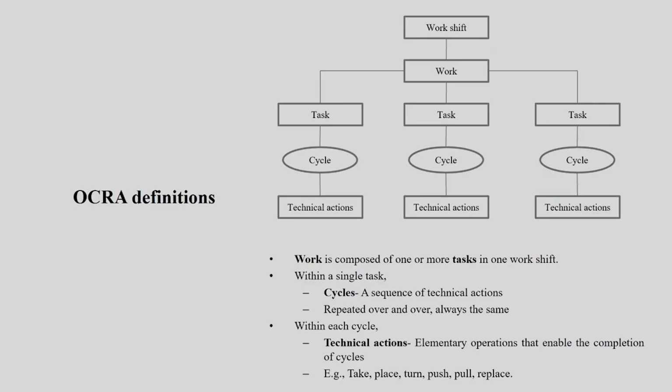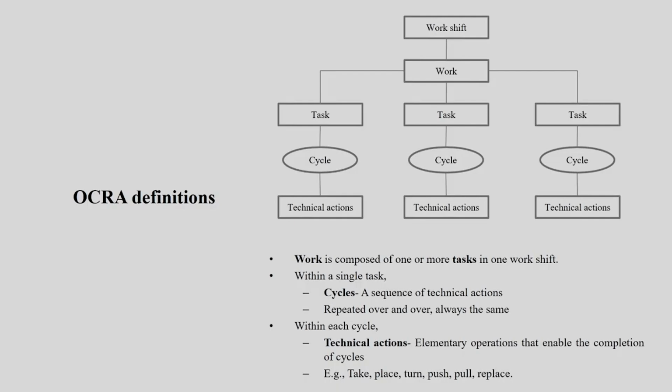So if you look at the job that you are going to analyze, look at that particular worksheet and find out the work which you are going to get analyzed. Under that work, you try to understand what are the major tasks to be done to complete it, and then you will see that for each task you have a specific cycle time.